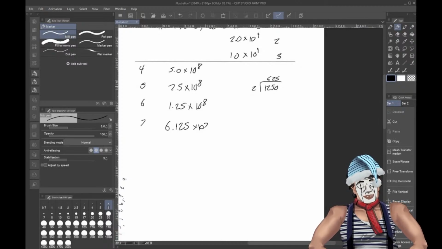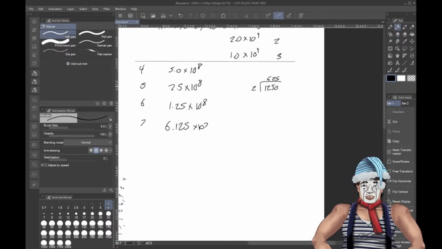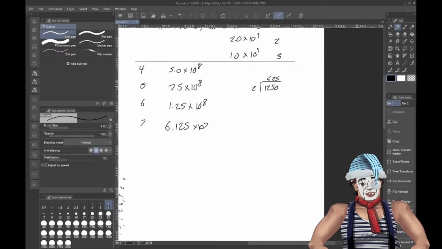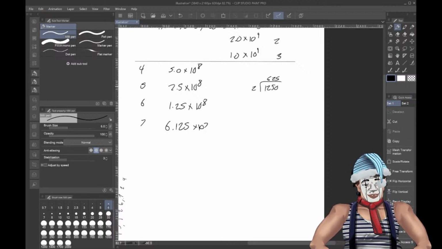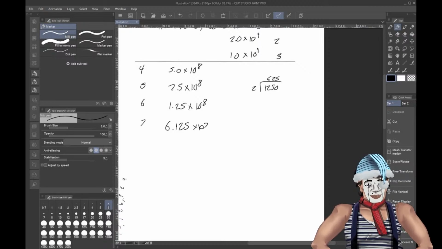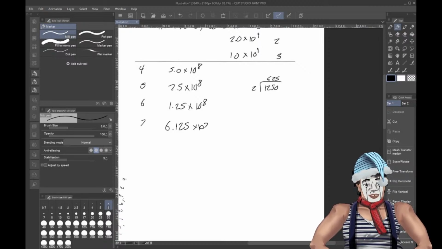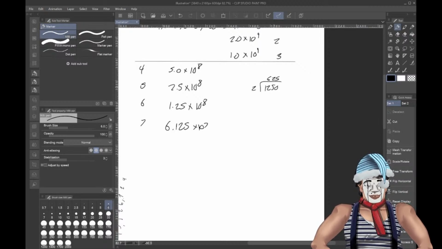If you've made it to the 10th game, very good, lucky you. If you made it to the 10th game, then we have 1.5625 cut in half, 7.8125 times 10 to the 6th.